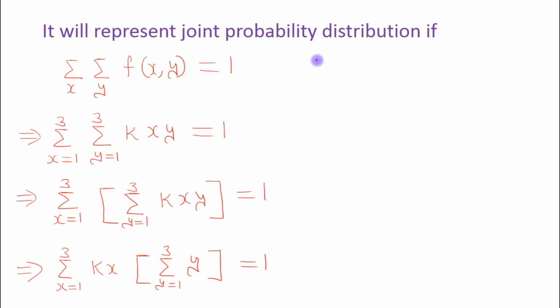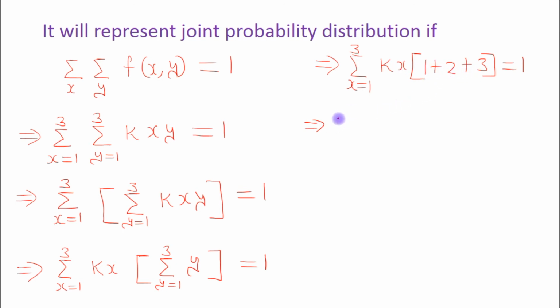Next step, kx, and this will become 1 plus 2 plus 3, which will be equal to 6.